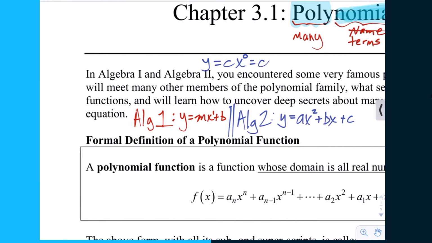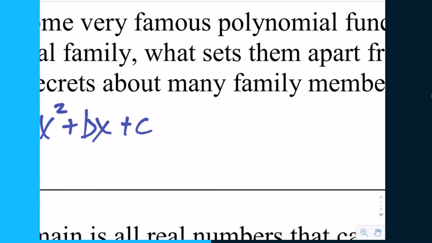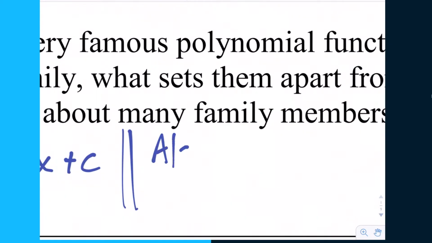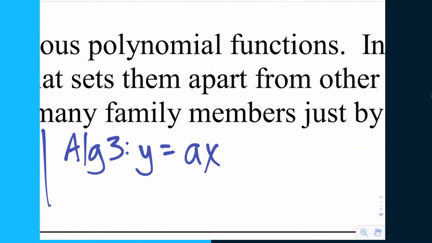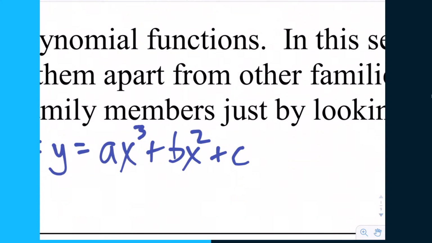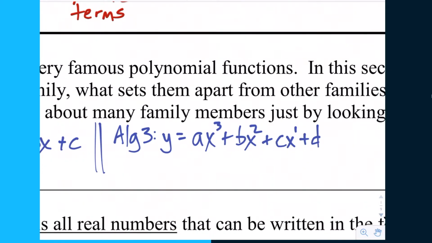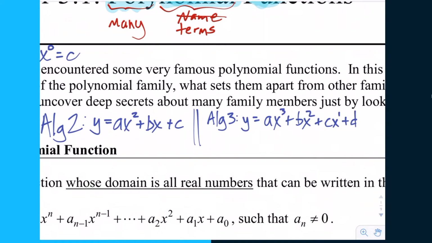Okay, now let's imagine that there was a class that came next called Algebra 3, which is kind of like college algebra, and kind of what we're doing as well. In Algebra 3, you can imagine that you're studying polynomials of this form: ax cubed plus bx squared plus cx to the first plus dx to the 0, or just d. Okay? So what do you think you would call that type of polynomial classified by its degree? We had degree 1, linear, degree 2, quadratic.